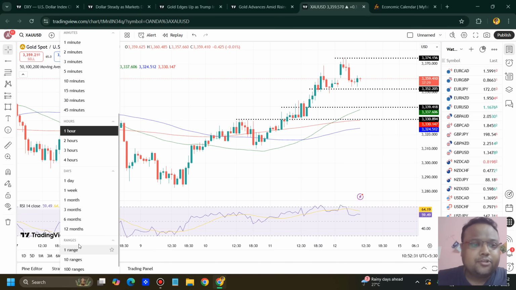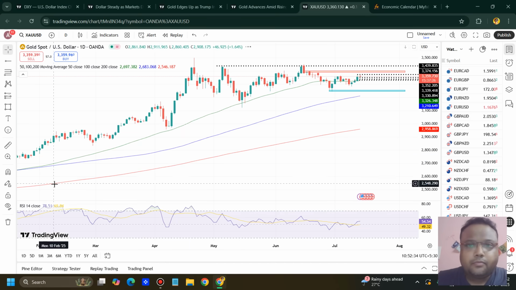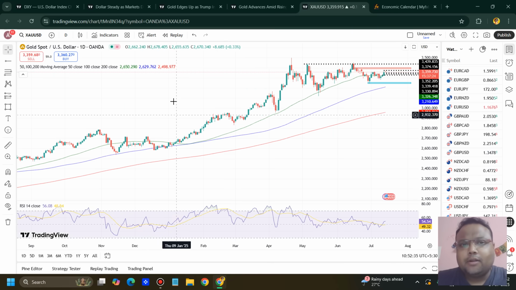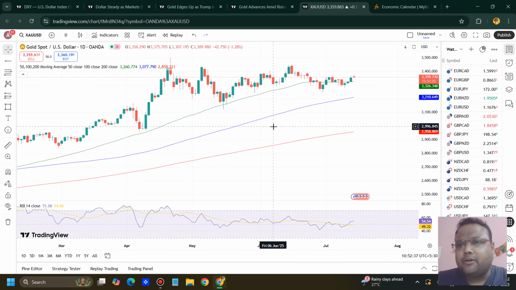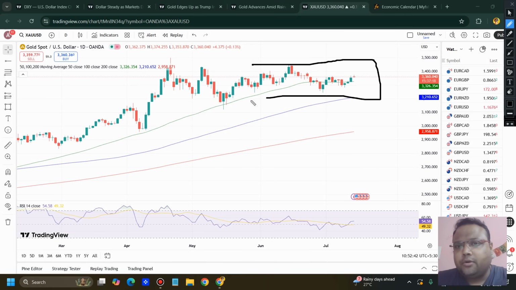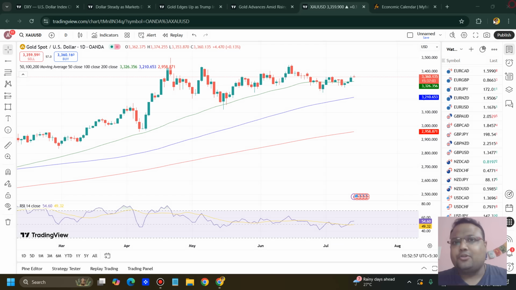If you look at the daily chart of gold, you can see that overall the market is still bullish. There is no doubt about it. But if we look at the present condition of the market, do you think this is a convincing market? A good market to trade? Obviously, the answer is no. Especially if you're a swing trader or looking for a big position that you can hold for the next few days, then obviously this is not the right chart to trade.